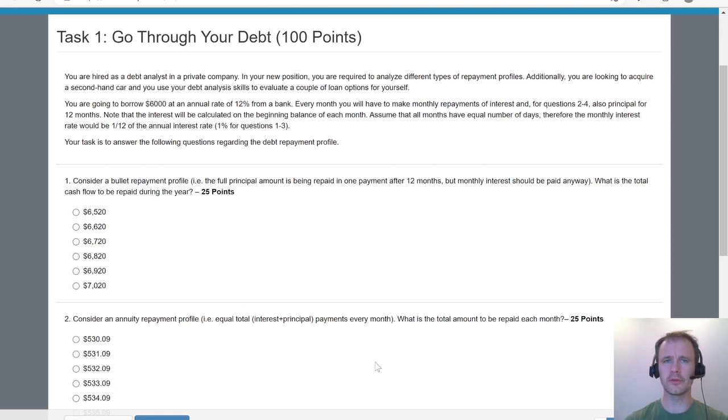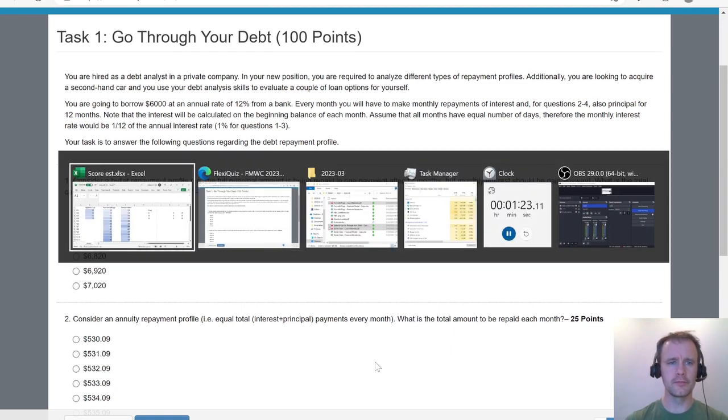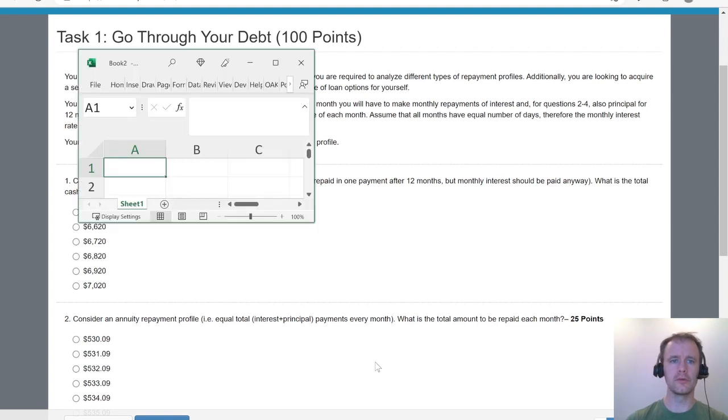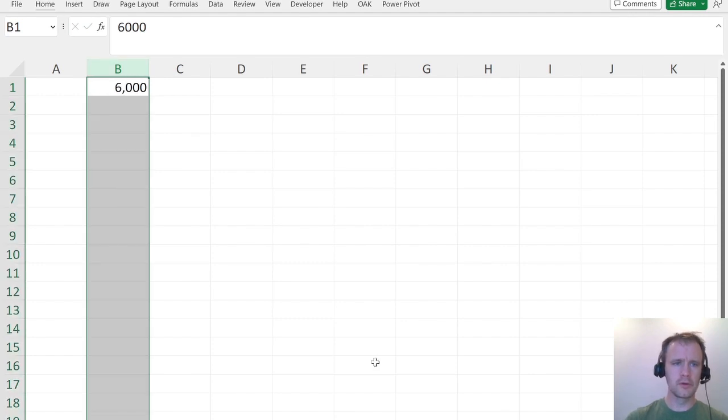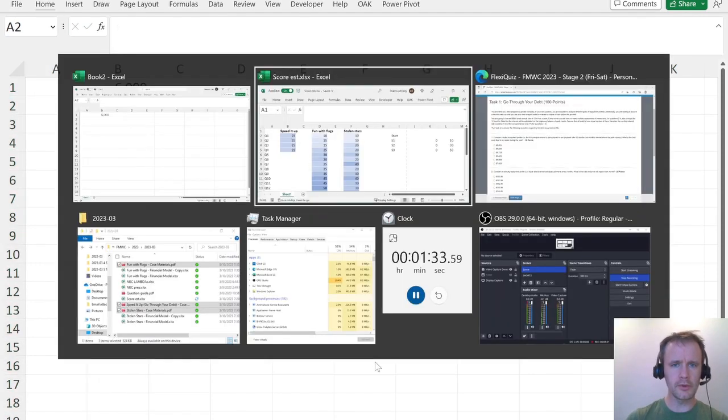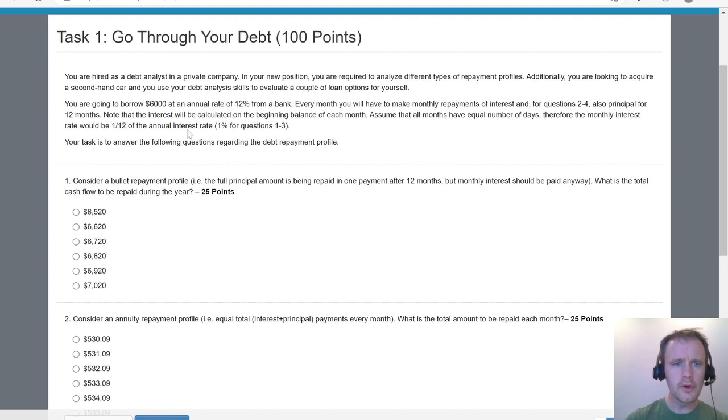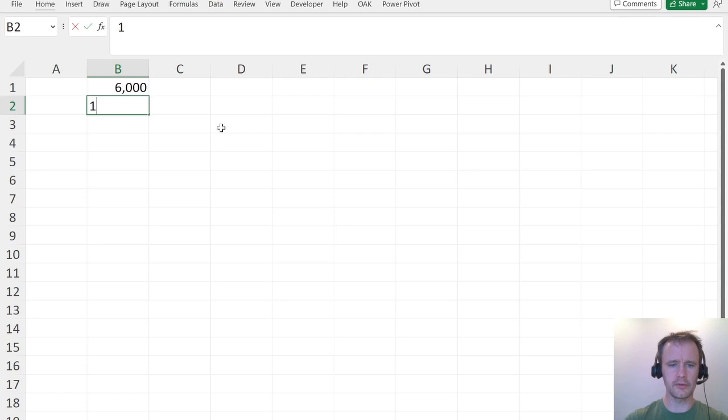Okay, well, where's my Excel going? Oh yeah, just need new. Okay, so borrowing 6,000. Number format. Where are we going? Here. 1%. 1% for questions 1 to 3. I guess it's going to vary after that.